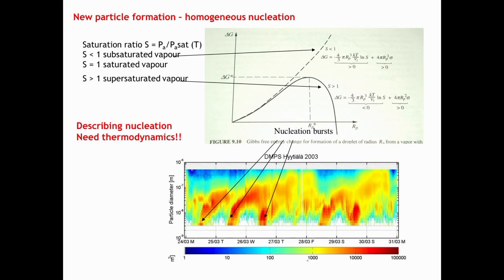Okay, so if something has a greater abundance than its saturation vapor pressure, it gets to a supersaturation. How much supersaturation does it need to form new particles?